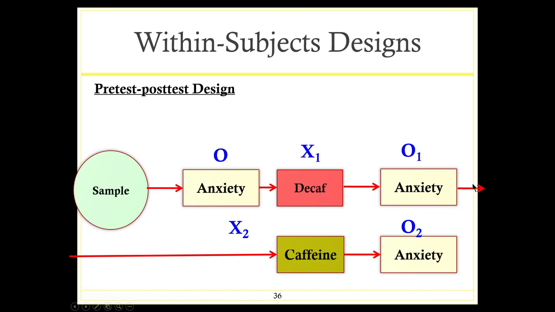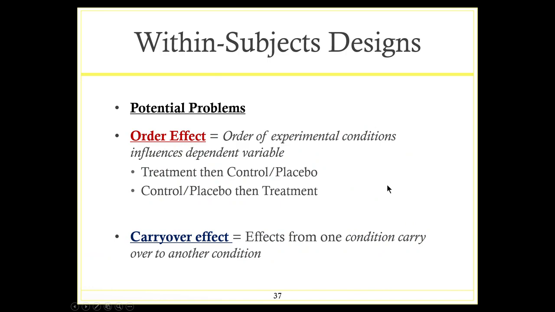But you don't have participants drinking caffeine drink first and decaf coffee second. So you didn't really look at or control for the order of presenting the treatments, that is caffeine drinks and decaf drinks. So there could be an order effect, which means the effect of experimental conditions that might influence the scores on the dependent measurement.